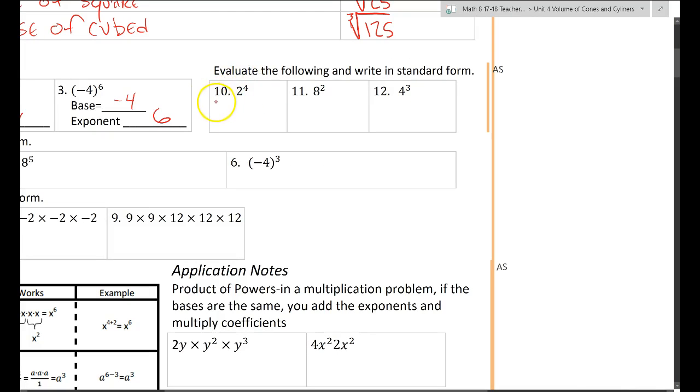Starting off, we have 2 times 2 times 2 times 2. 2 times 2 is 4. 2 times 2 is 4. 4 times 4 is 16. So 2 to the 4th power is 16. 8 times 8 is 64. 4 times 4 times 4 is 16 times 4, which is really 64.